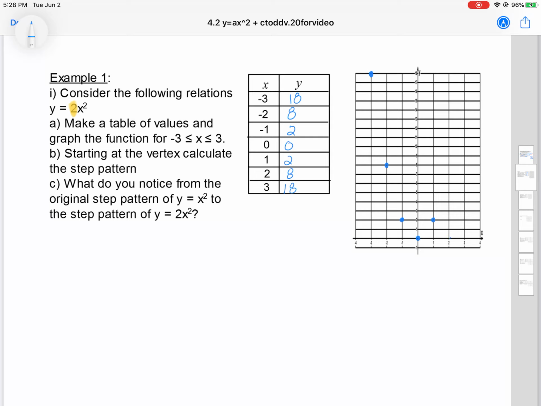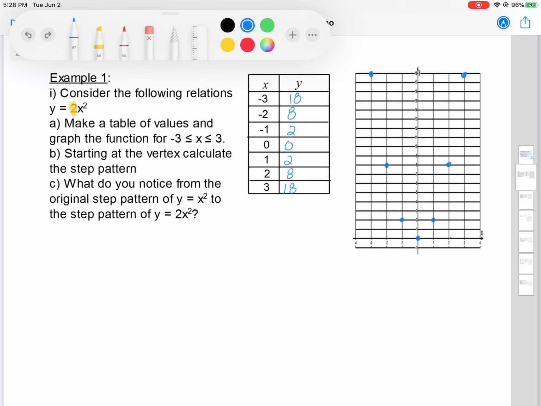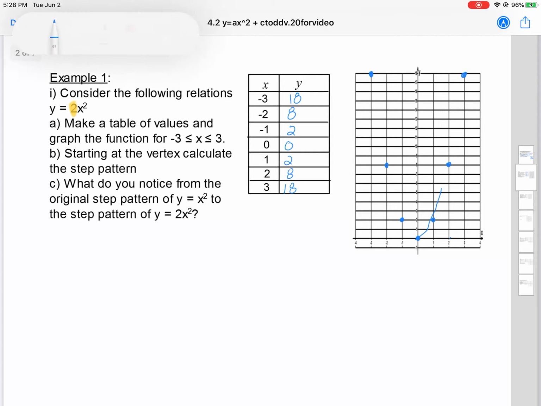Now you're starting to see that symmetry. 2 and 8. 3 and 18. That was a terrible line. Make a nice smooth curve. Do a better job than me and my Apple Pen. This is not easy to do. That was terrible, sorry.